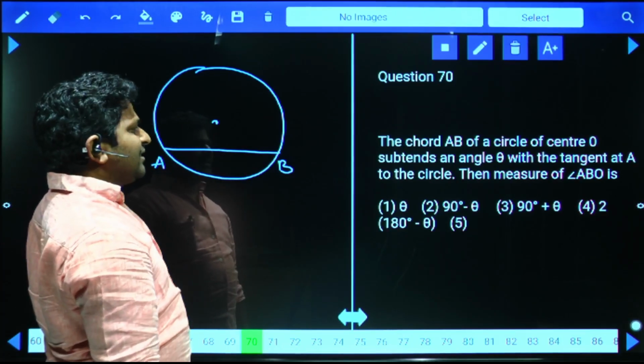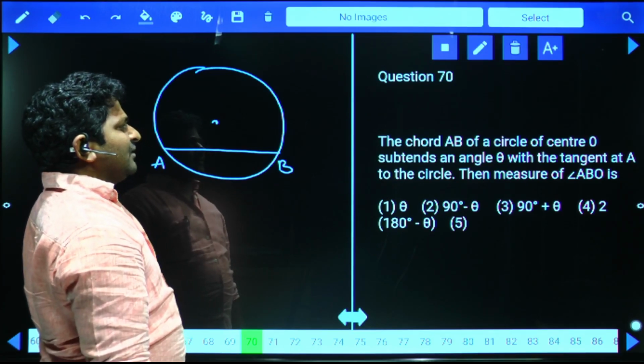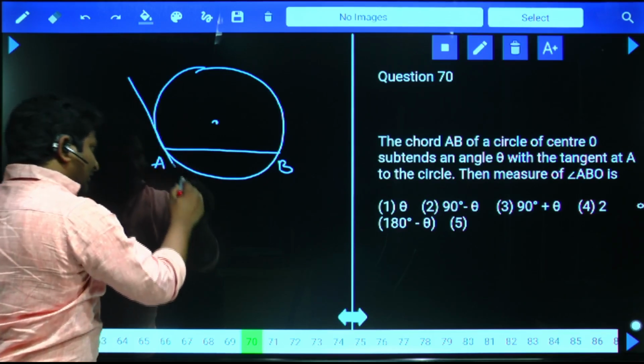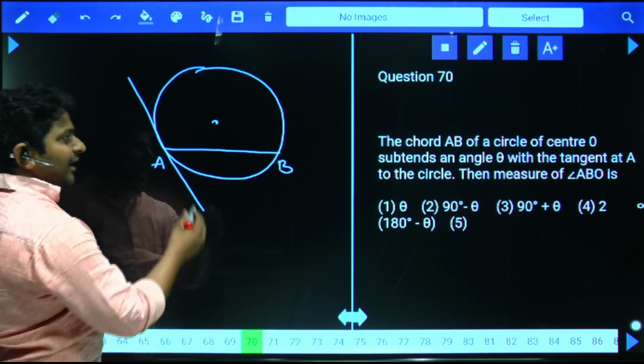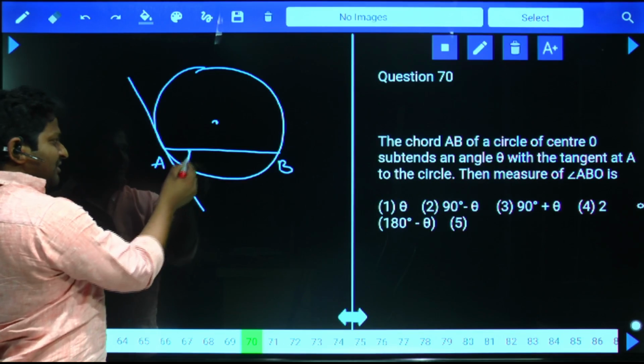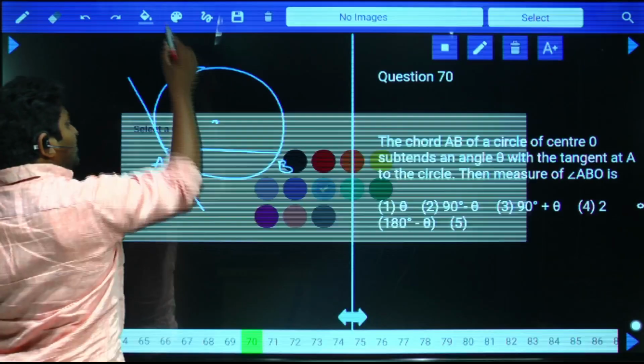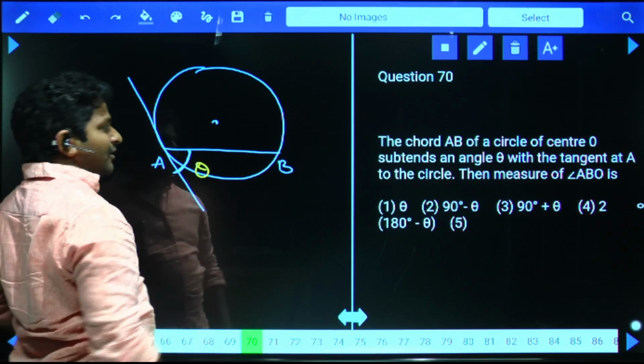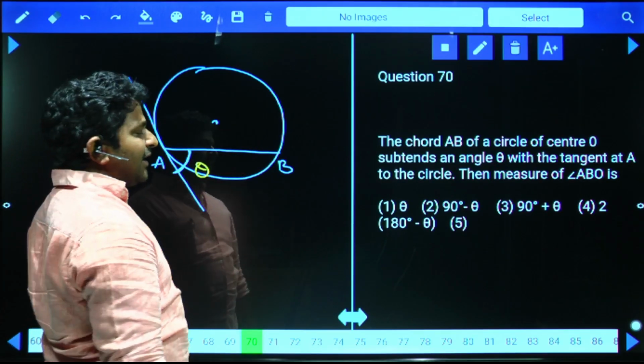It makes an angle theta with a tangent at the circle. So this value is equal to theta. This is the tangent and AB is the chord. At point A, it is making an angle theta.